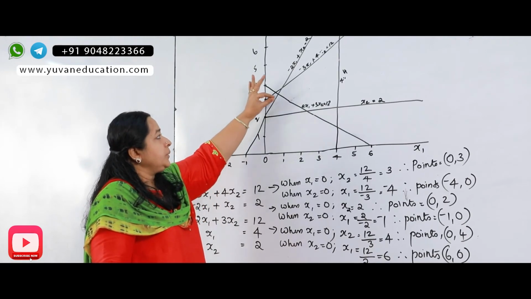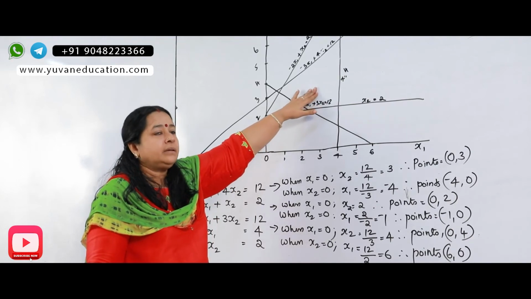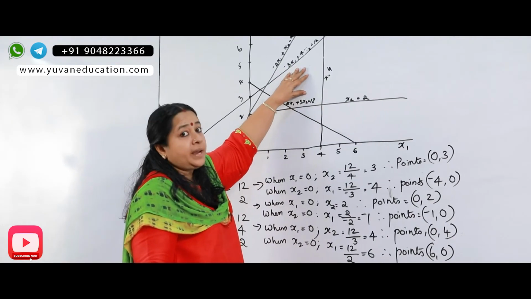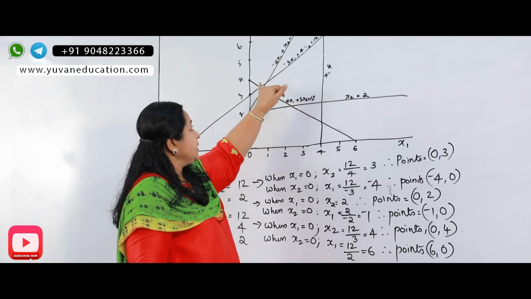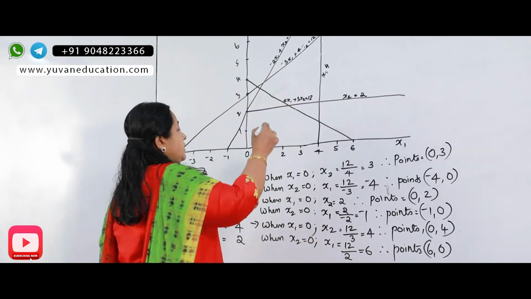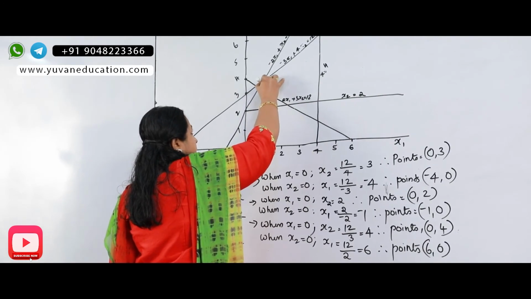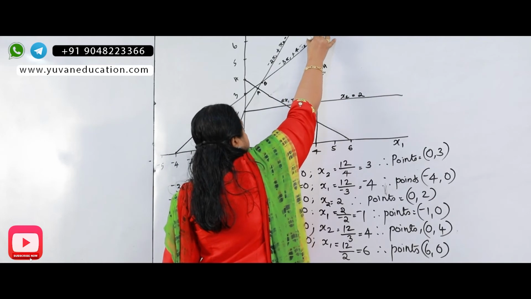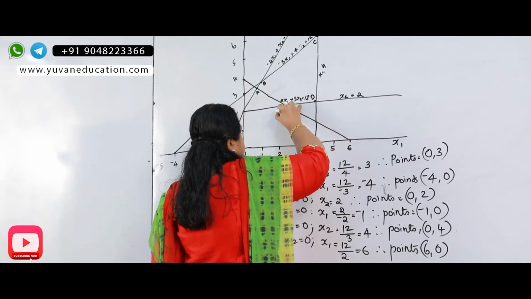So you have to take the region which is inside of all the constraints. See, this is the region. See, here the point, we can put the point A, here it is B, here it is C, here it is D, here it is E.